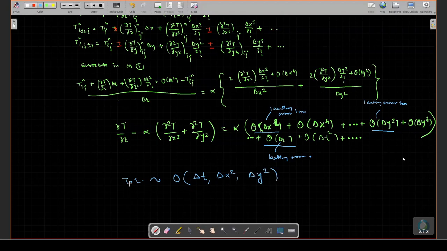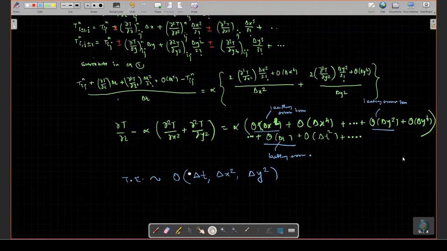Okay, so truncation error is of the order of delta t, delta x square and delta y square. So this is the truncation error. Now after getting truncation error, what we should do, we should get the stability analysis. Okay, so next thing is stability analysis of this.